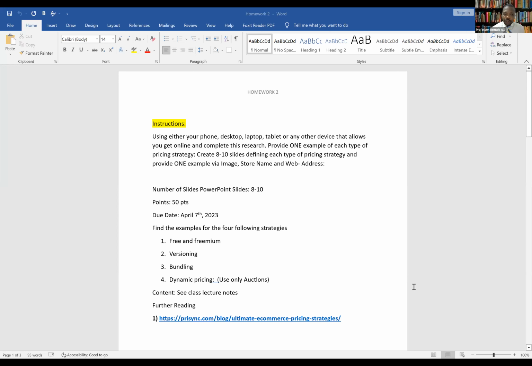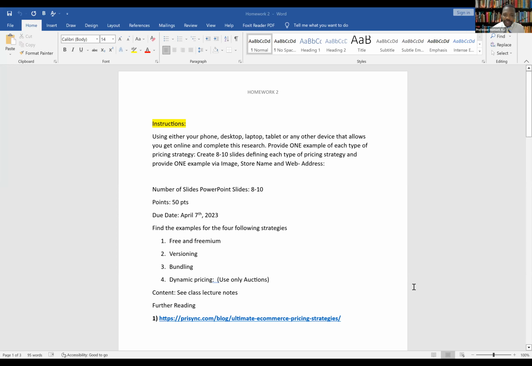So the homework is: use your phone or your desktop, your laptop or tablet, or any other device that allows you to get online and complete this research. Provide one example of each of the pricing strategies.